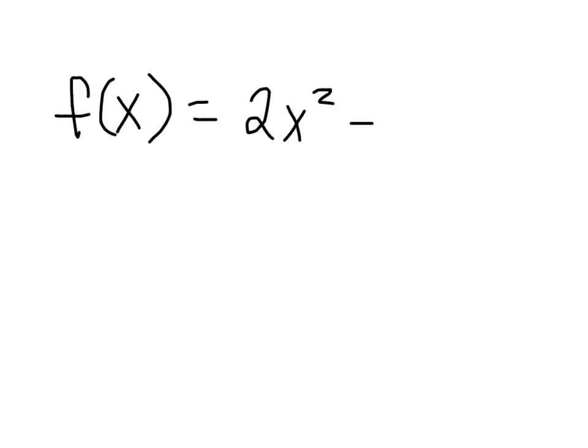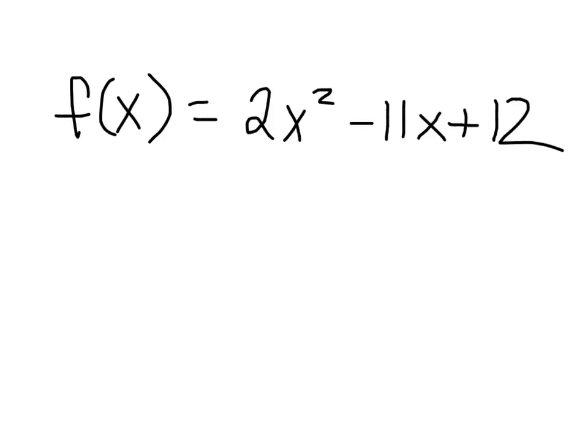So when they give you problems that look like this, where it says f of x equals 2x squared minus 11x plus 12, and the directions are going to say find the zeros. A zero again is nothing more than where does it cross the x-axis. So you now have 3 different ways of doing it. You can graph it, you can do the square roots, or you can factor it.